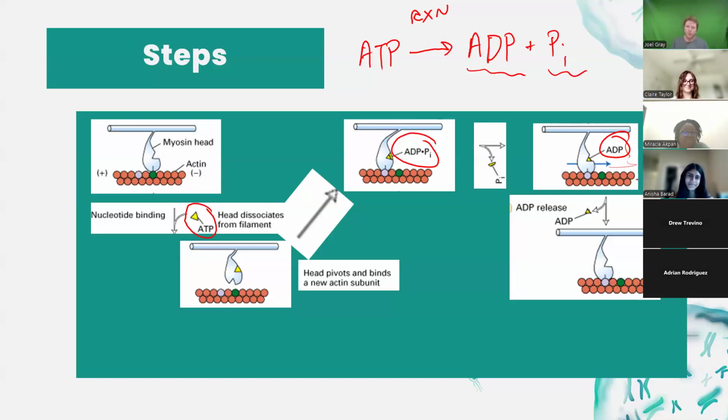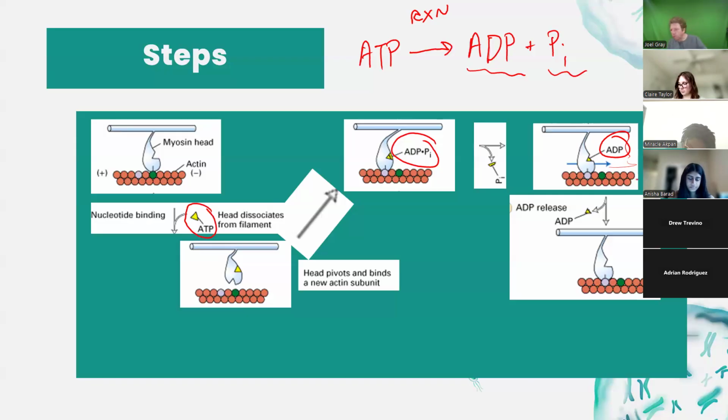But effectively, think about myosin as being something that it binds, it's bound to actin, releases, so it can reconnect, release to reconnect, release to reconnect. And the way that that motion is taking place is with the catalyzing of this reaction, ATP to ADP and Pi.